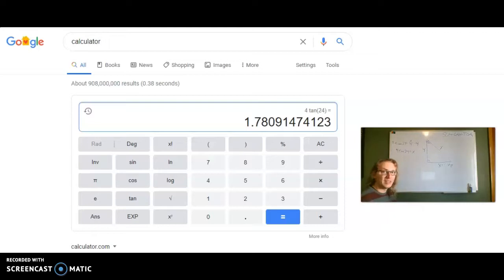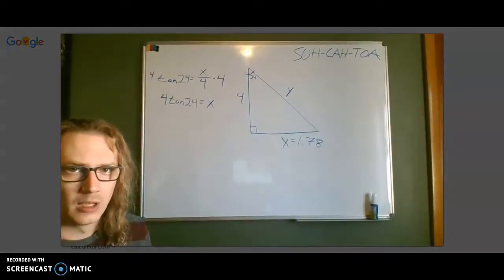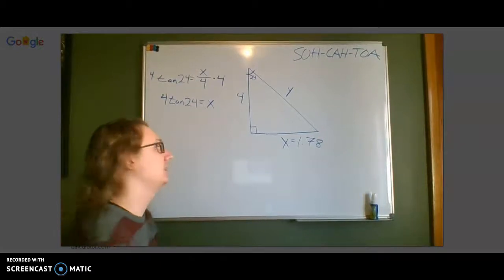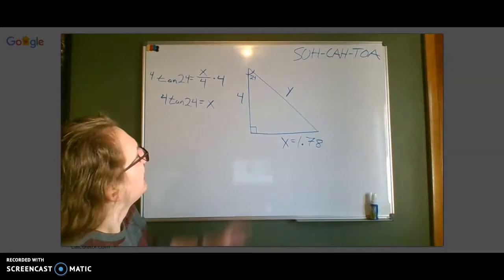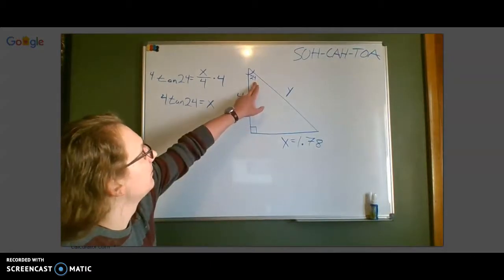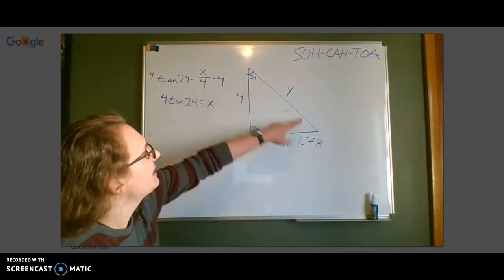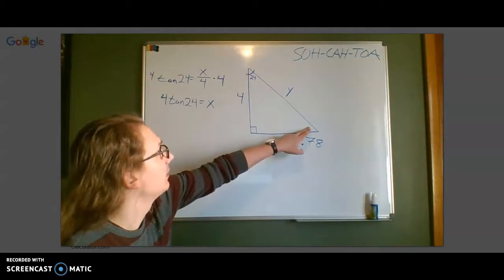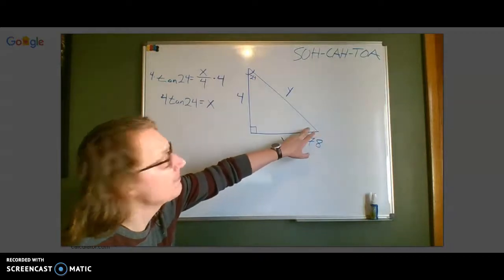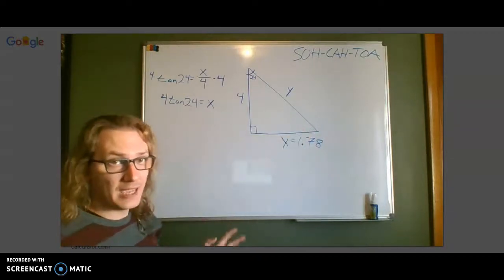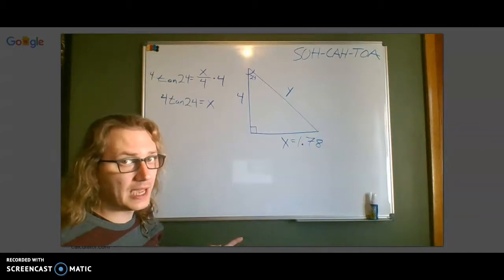And before we say that that is definitely our answer, I want to take just a moment and talk about the reasonability of 1.78. If this is a 24-degree angle, that means that this is a 66-degree angle. The bigger the angle, the bigger the opposite side.